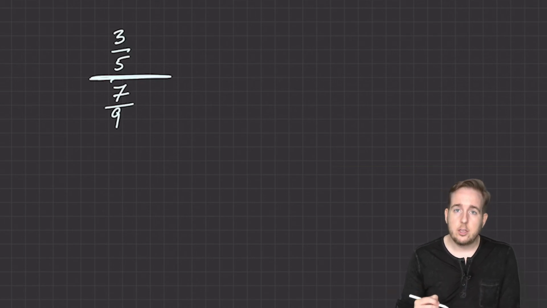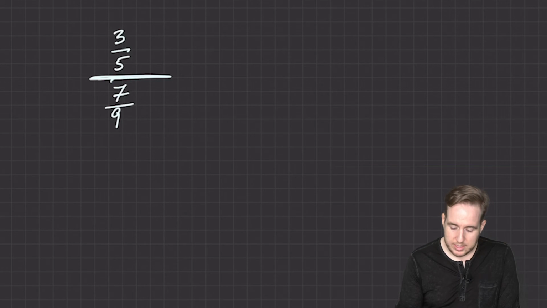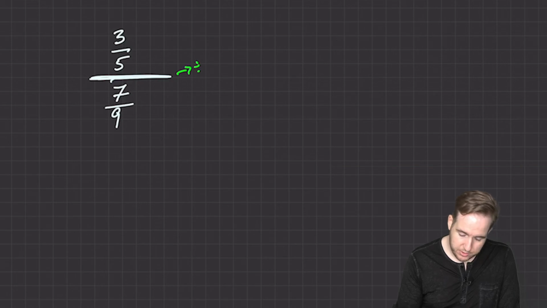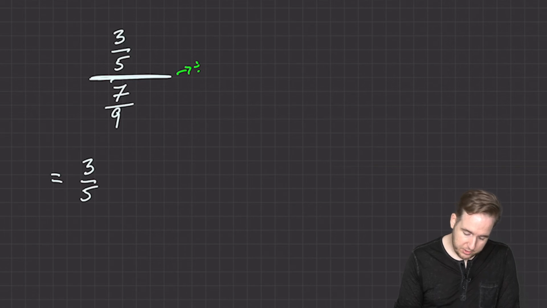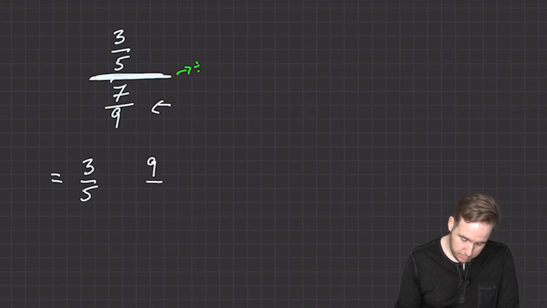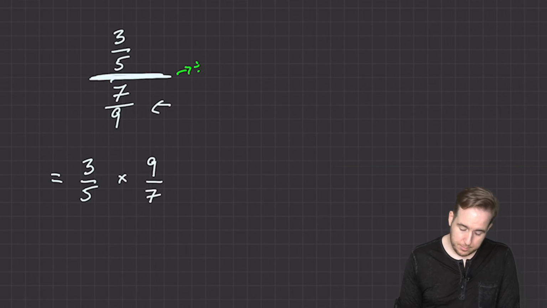And the way you fix that, and this is one of the only times you use the divide sign, is in your head, we're going to change this to the division sign. So I will leave the first one the same. And if this is serving as a divide sign, I can turn the second one upside down and change that to times.